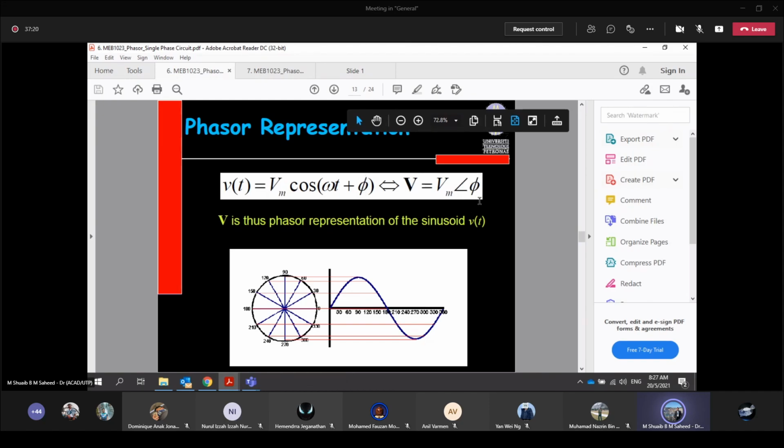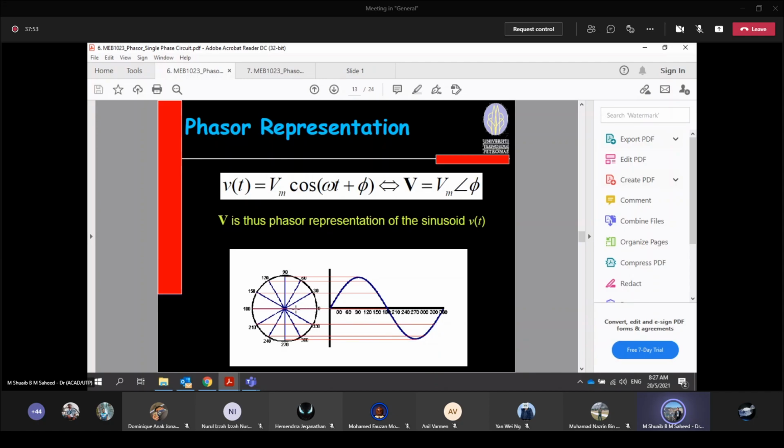If this phi is 0, just put 0 over here, no need to worry. If it is Vm cos omega t, that means Vm angle 0. That's it. The omega won't appear in the phasor form. So this is the direct translation, or the link, between the phasor and the sinusoidal waves.